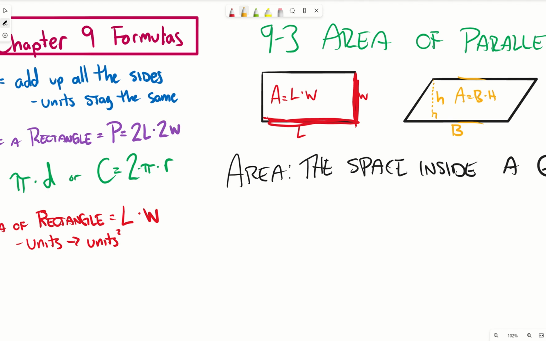It's the same kind of situation, but we don't care about the diagonal. The diagonal is not the measure we care about. We do care about the height in between the two bases. This is what we care about, okay? Not this. We do care about this height, and that height should be given to you.